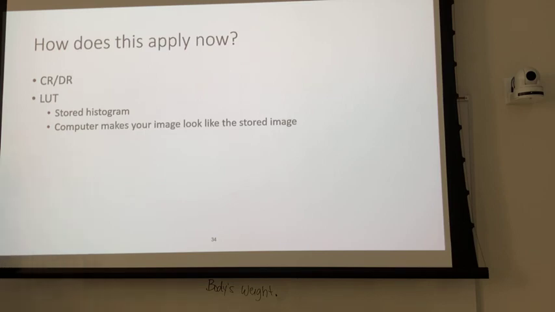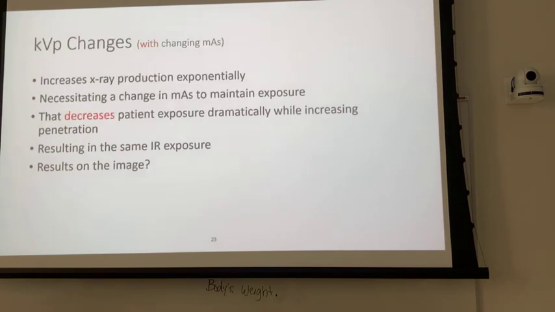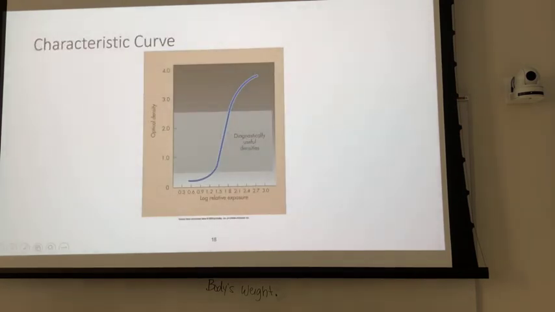Quantum mottle. You not only get quantum mottle, but in your H&D curve, if you underexpose, you fall into this area down here, and what do you lose? You lose density, you lose contrast, you lose signal, you get quantum mottle, and it gets bad. But look at how many different shades of gray, how much latitude you have in this straight line portion.